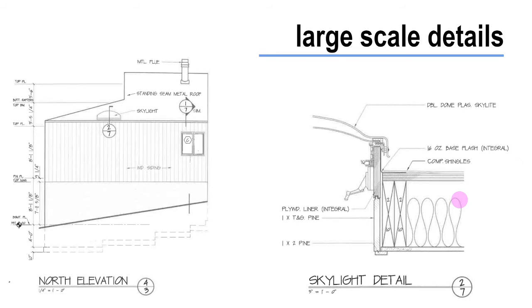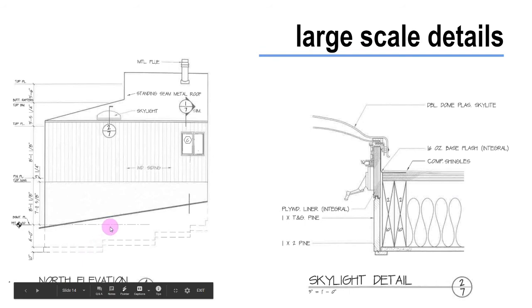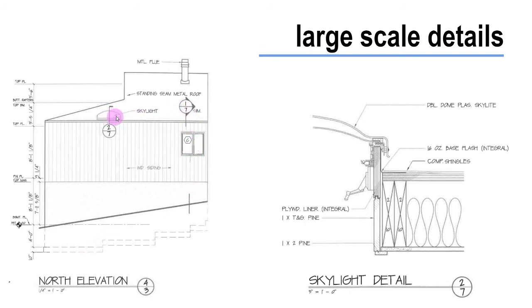Another thing to consider with all of those section details, or just any detail in general, is they are going to be connected to the plan itself. So here we have an elevation of a building, and we can see that there is this detail callout, or section callout right here. That's saying if you go to view 2 on page 7, you'll see the section view of how this skylight is installed.